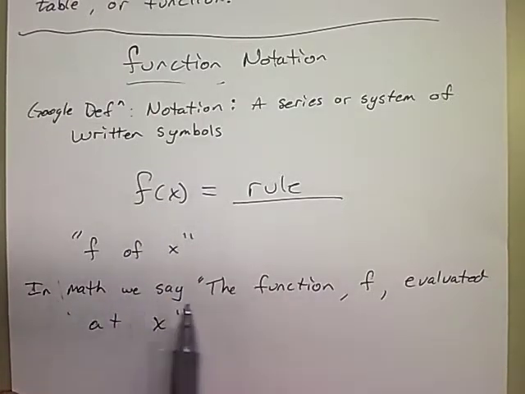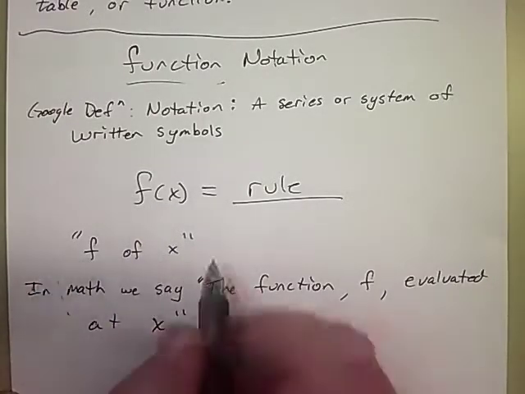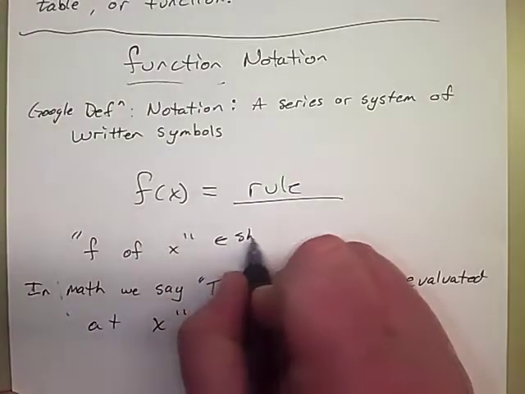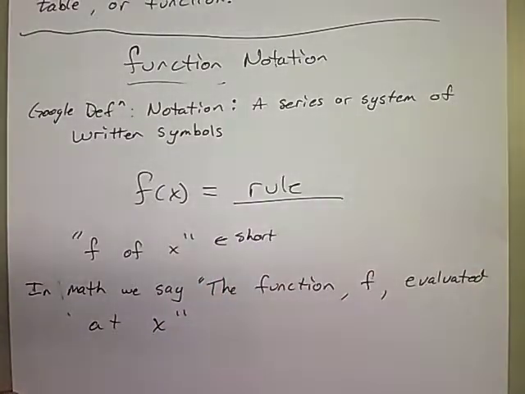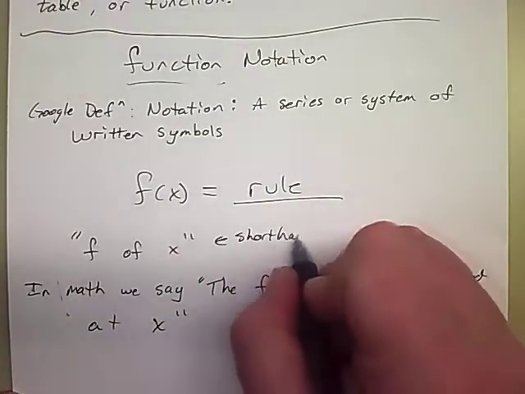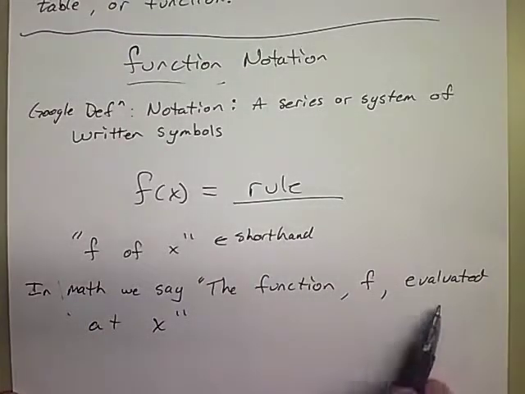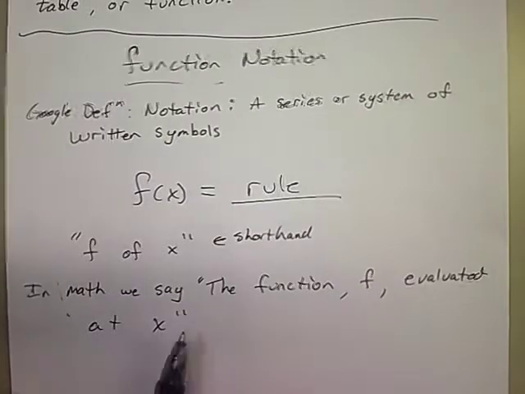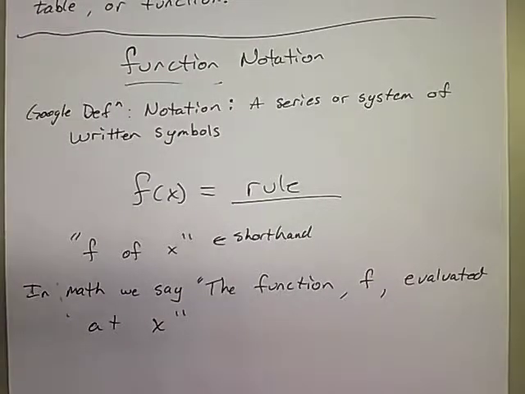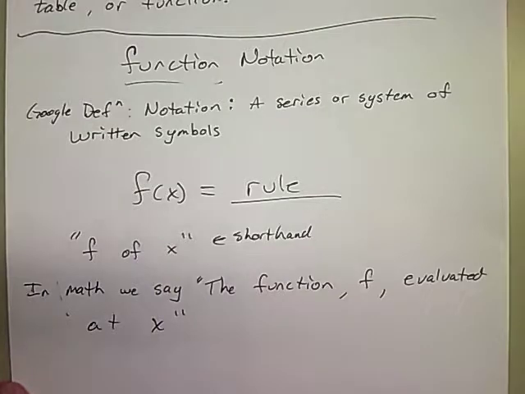So this is what I'm really saying. This is shorthand, the quick and easy way we say it. But the true meaning is the function f evaluated at x. All right, so that means that we could also evaluate f at other things too.